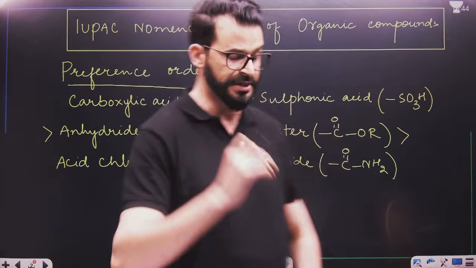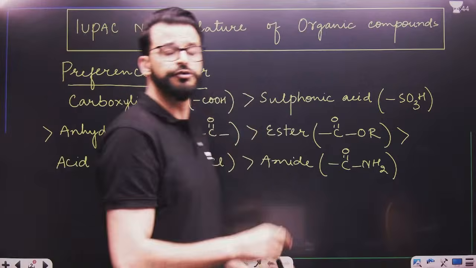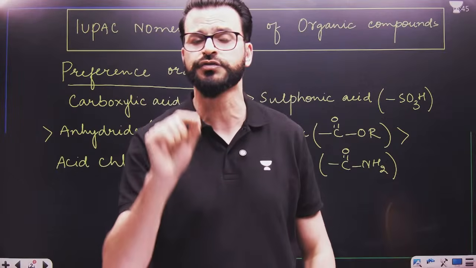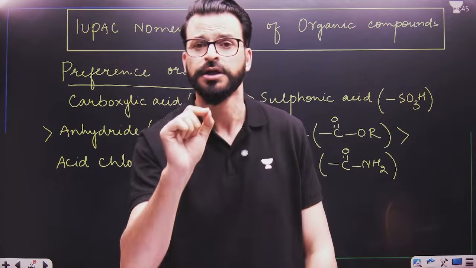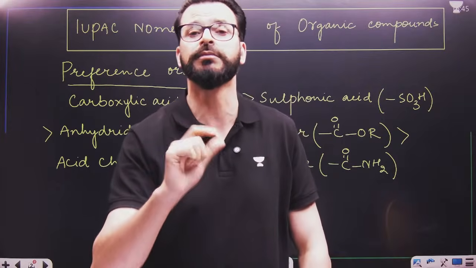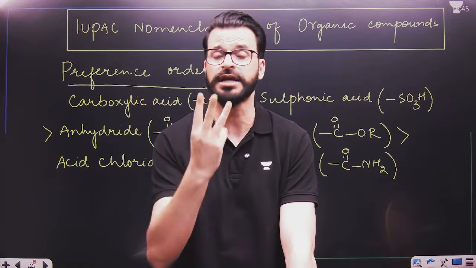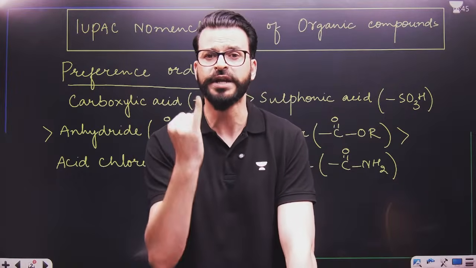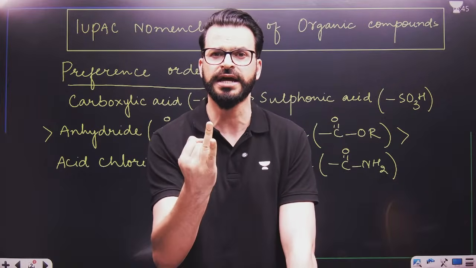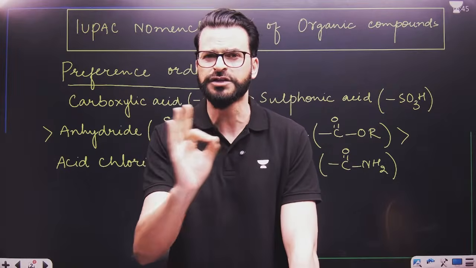Now, after this acid family, this was the acid family. Now you have to write down those compounds which have nitrogen, those nitrogen containing functional groups which have multiple bonds. There are 3 nitrogen containing functional groups. One is cyanide, another is isocyanide, another is amine, but amines form single bonds, not multiple bonds.